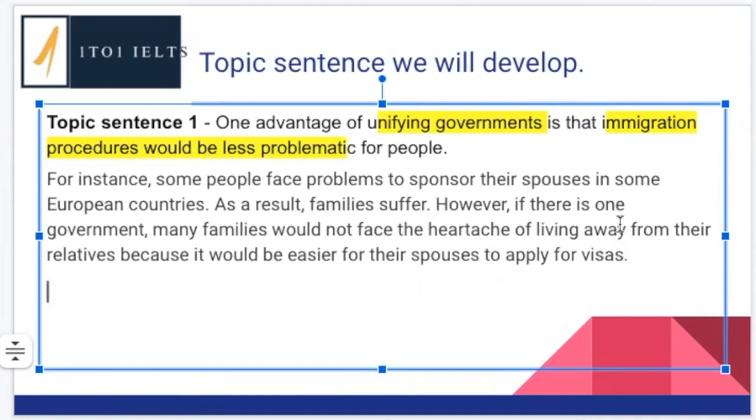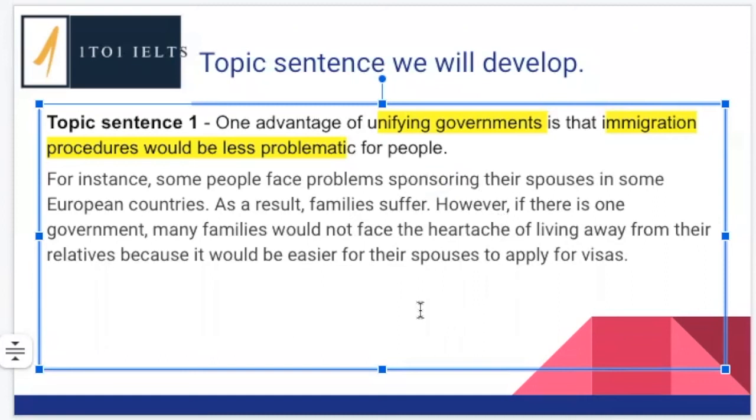Also, I just want to quickly go back here to the grammar issue. If you face problems, if you have this grammatical structure, that some people face problems, we always actually use the gerund here. So you don't face problems to, you face problems -ing.